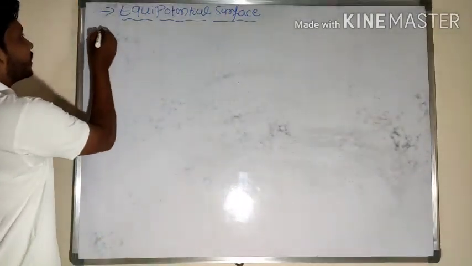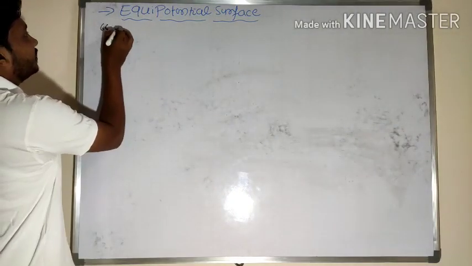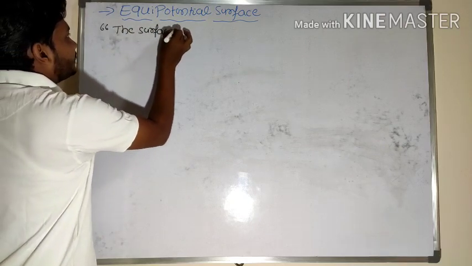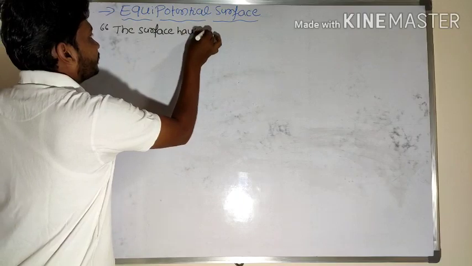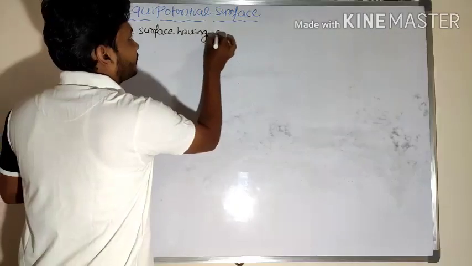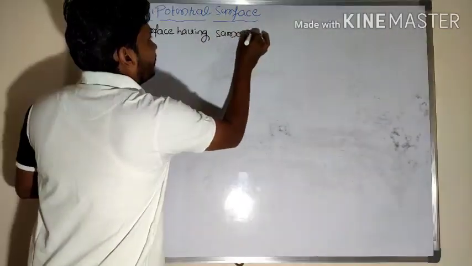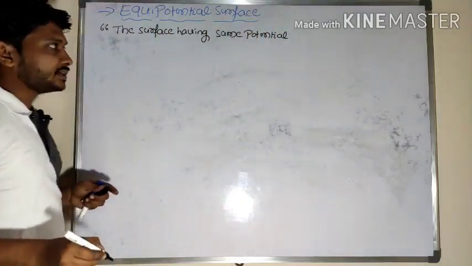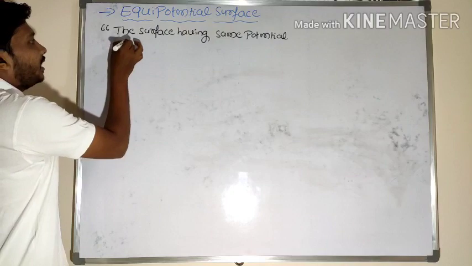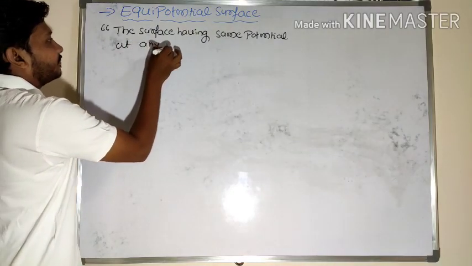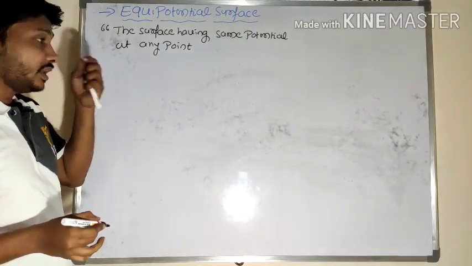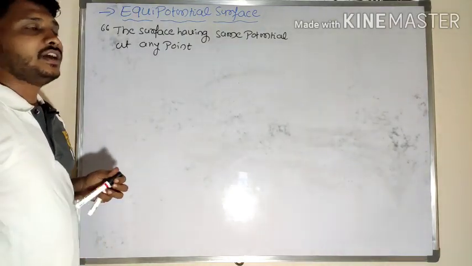The surface having the same potential at any point, I will name it an equipotential surface.